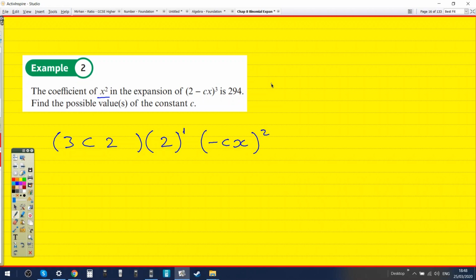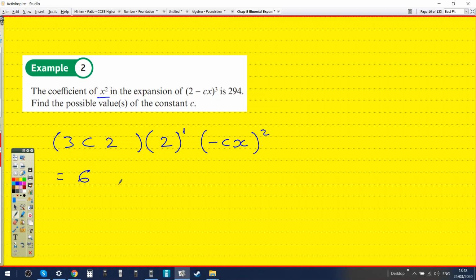3 choose 2, and then 2 to the power of 1. That gives us 6.